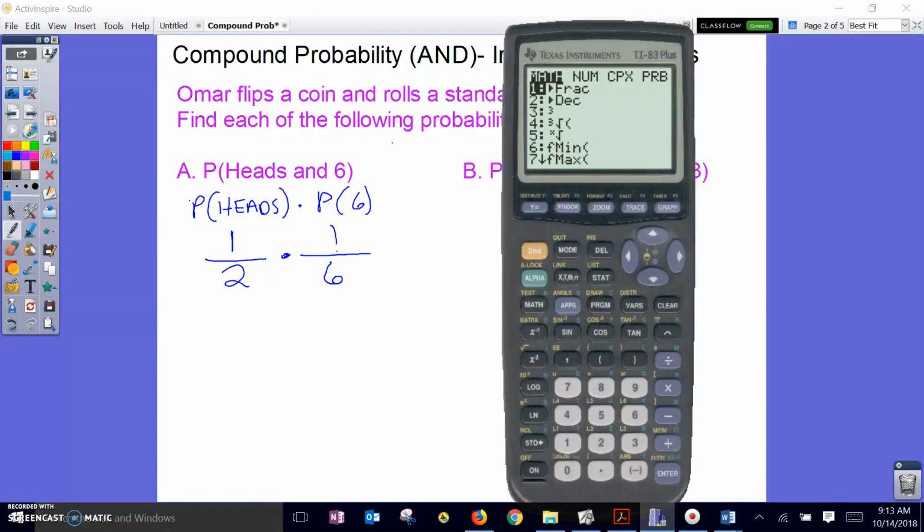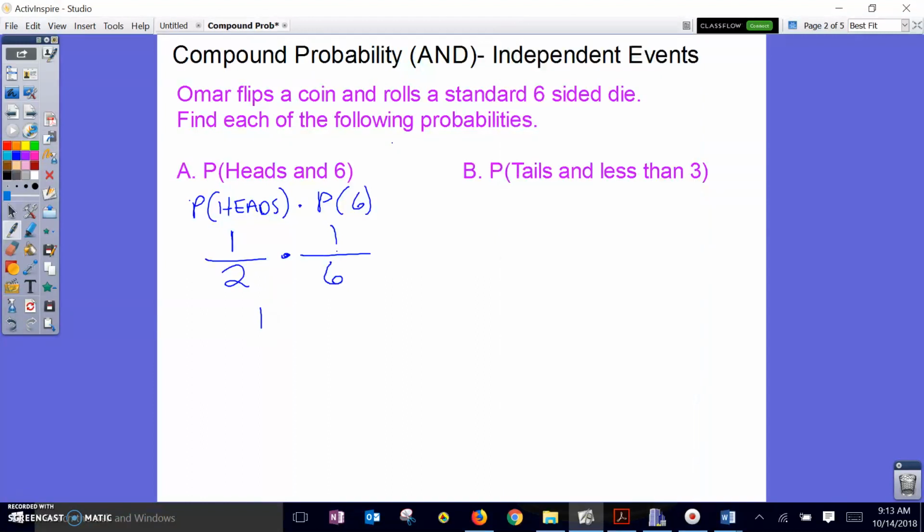I can have it change it over to a fraction by using my math key. And so my probability is 1/12. Again, we can write this as a decimal. You already saw the decimal on my calculator screen the last time. Or we could write it as a percent. So any of those three would be a good answer, depending on what I ask for.